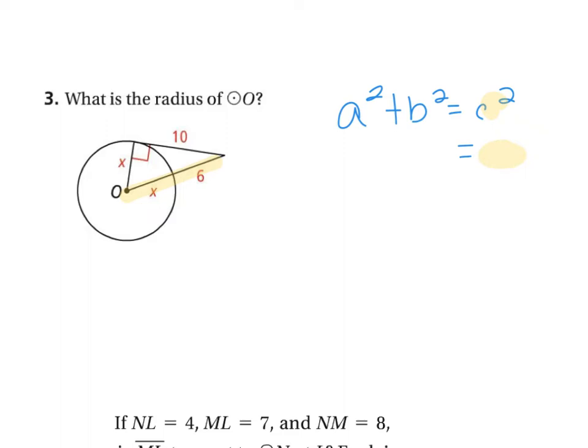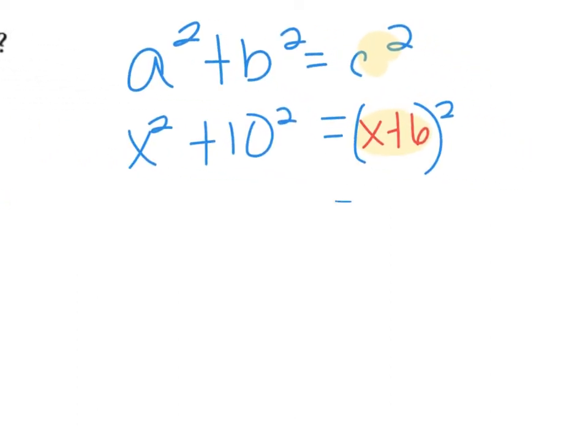So we have x plus 6. That's our hypotenuse. And I need to put that in parentheses because it's a binomial just like last time. And now the legs, the order doesn't matter. This time I'm going to put the x squared first plus 10 squared. That's the other leg.